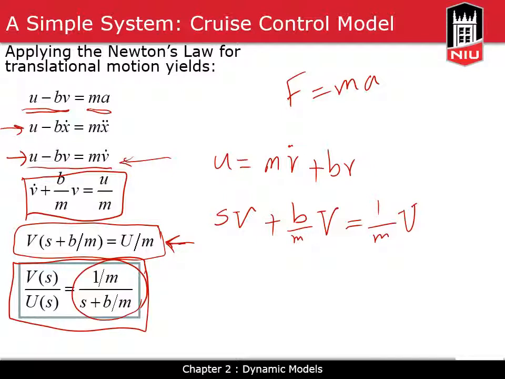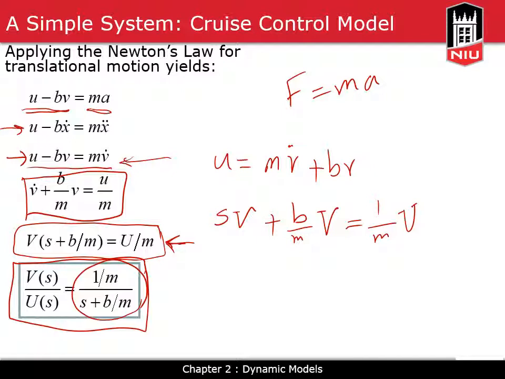That is it for this example. So for other types of systems, we're going to follow the same thing. You start by writing equations, differential equations, using principal rules of physics if we're dealing with a physical system, and then manipulate those equations until we get one equation with the output on one side and the input on the other side, and the rest of the things are constants.